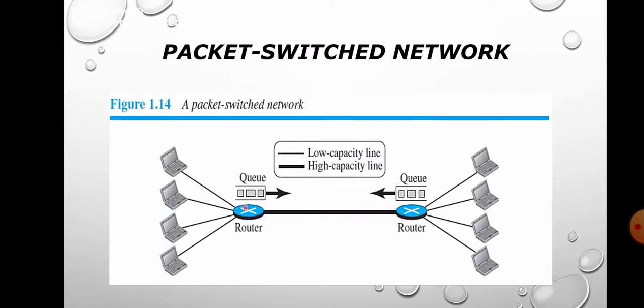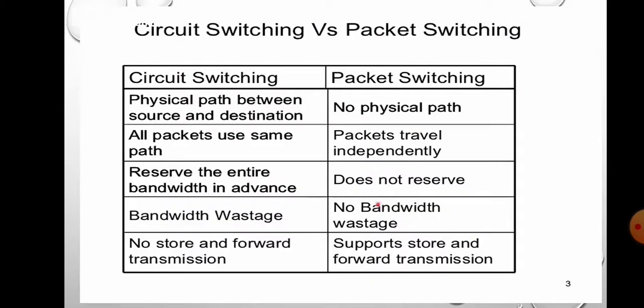That means the entire information will be segmented, and each packet will travel in different paths to reach the destination. Once again, at the destination node, the information is reassembled according to the sequence number to get back our original data. Now we'll look at the differences between the circuit switch network and the packet switch network.